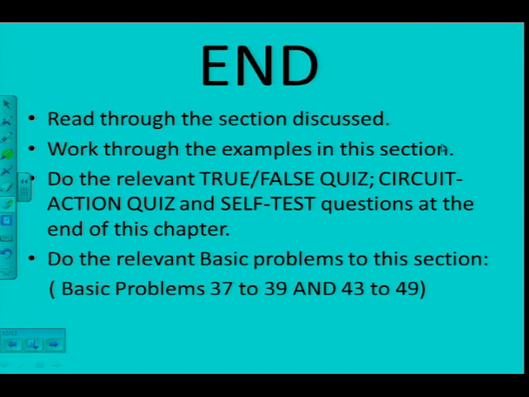If you go and look at the basic problems there, you will see that the troubleshooting problems, as I said, start at 37 up to 39. Then there are application activity problems. Then from 43 onwards up to 49 are called datasheet problems. These are very important, so make sure that you understand how to use the datasheet.